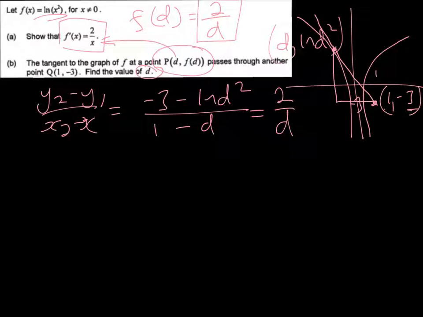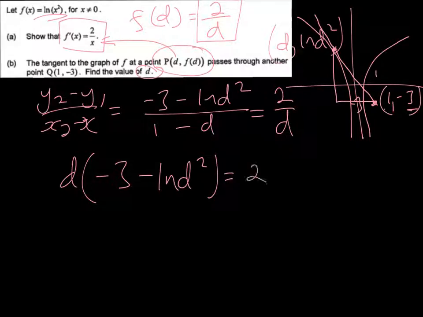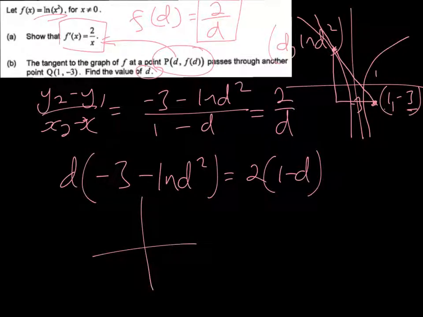Therefore, I can expand, so I can say that d multiplied by negative 3 minus ln d squared is equal to 2 multiplied by 1 minus d. And given this is a calculator paper, you can graph these, and you will find that on the left-hand side we have got a cubic, which is doing something like that, and on the right-hand side we have got a linear function, which is doing something like that.